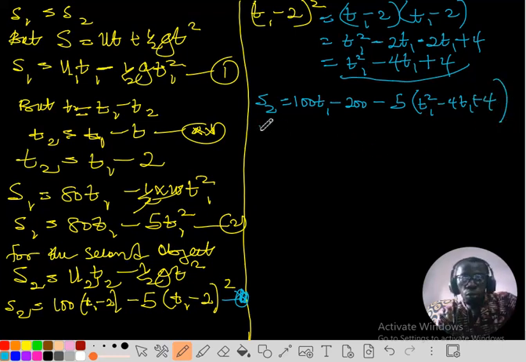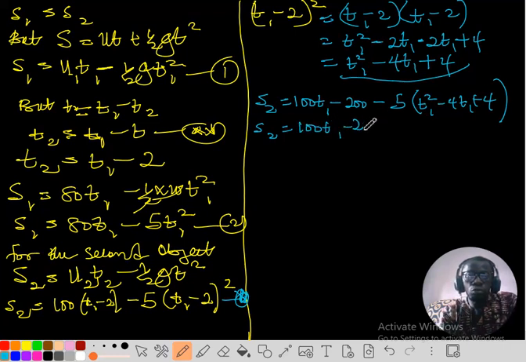So open that bracket, x2 will be 100 T1 minus 200, then this 5 will open this bracket: minus 5 T1 squared, minus times minus is plus 20 T1, then minus again times plus, minus 20.